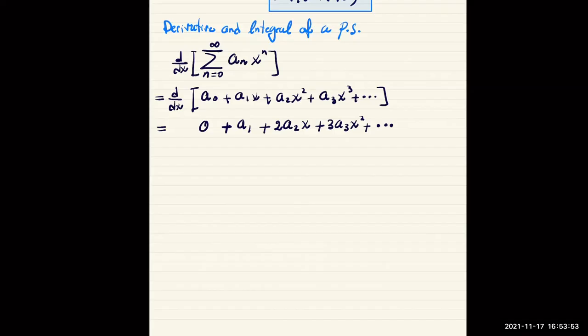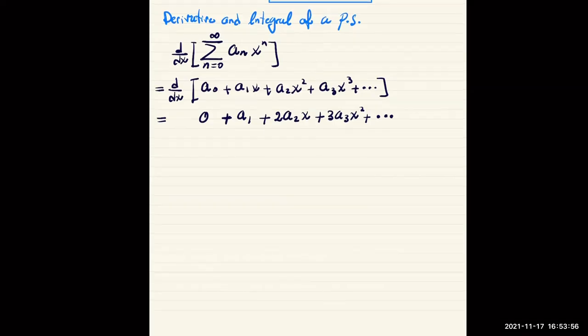Now we want to represent this derivative itself as a power series. Notice that the constant term has vanished. The constant term of this function is now a1.